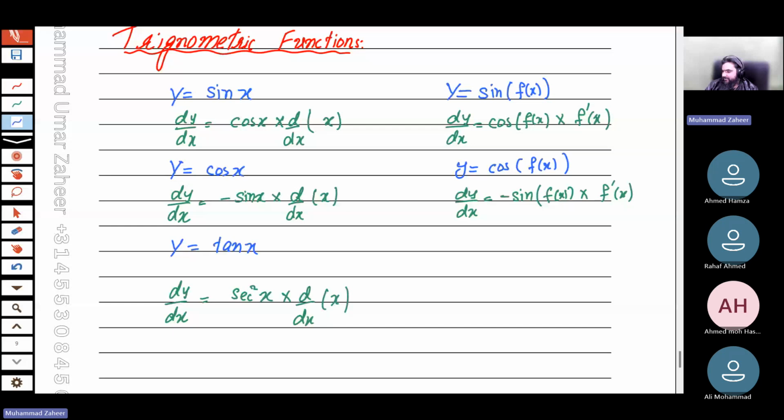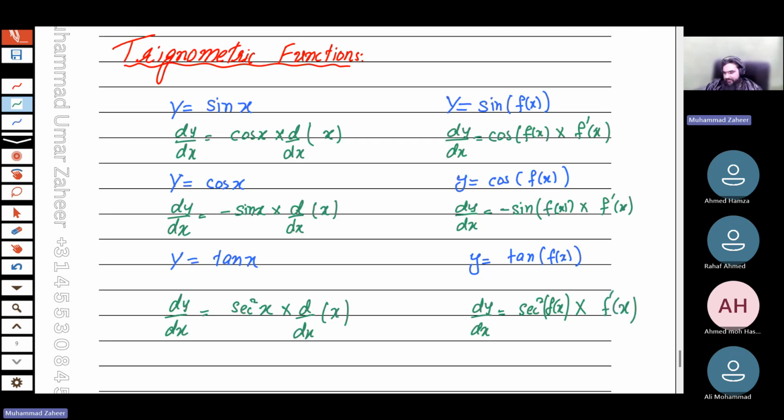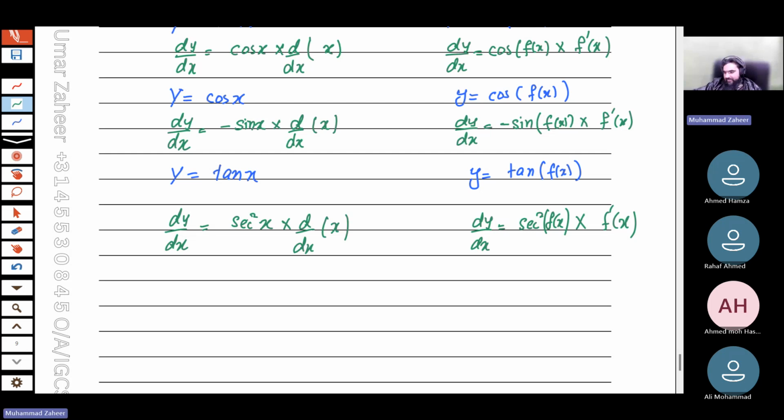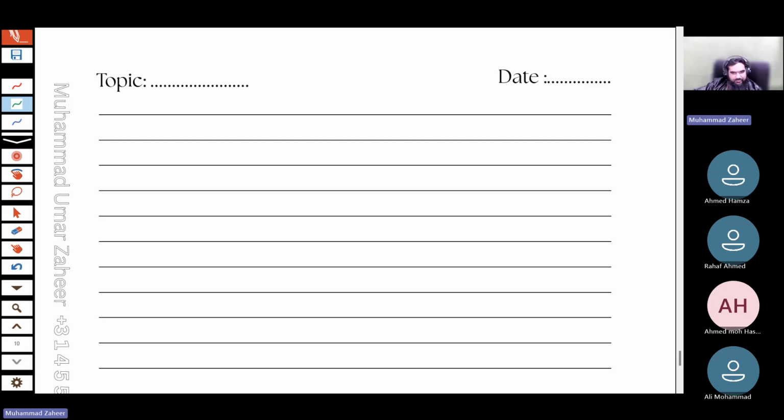And if we have y is equal to tan f of x, the derivative of tan is secant squared f of x multiplied by the derivative of f of x. These are the three main formulas for trigonometry. We will go back to the formulas, but let's see how to do some questions first.